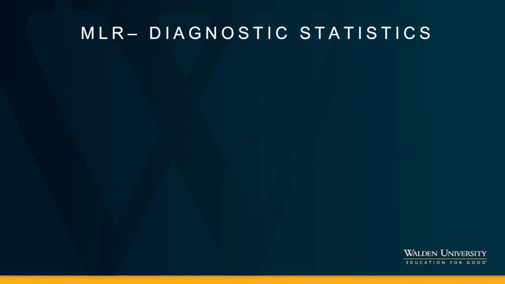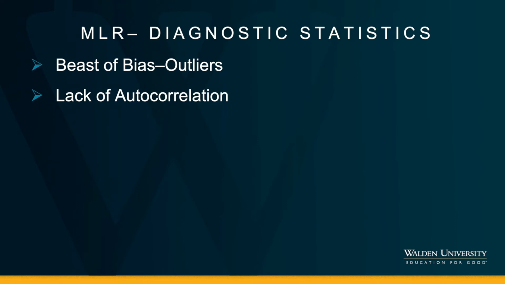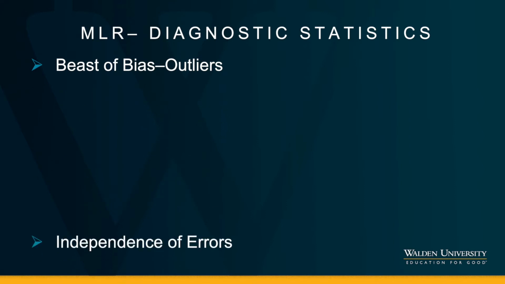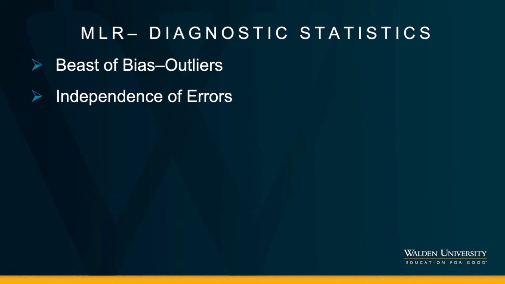And here is the list of the assumptions that we are going to test. We're going to start with what Field calls beast of bias, and those are the outliers. We're going to evaluate if there is autocorrelation. Moreover, we're hoping for lack of autocorrelation, which really means that the errors are independent.